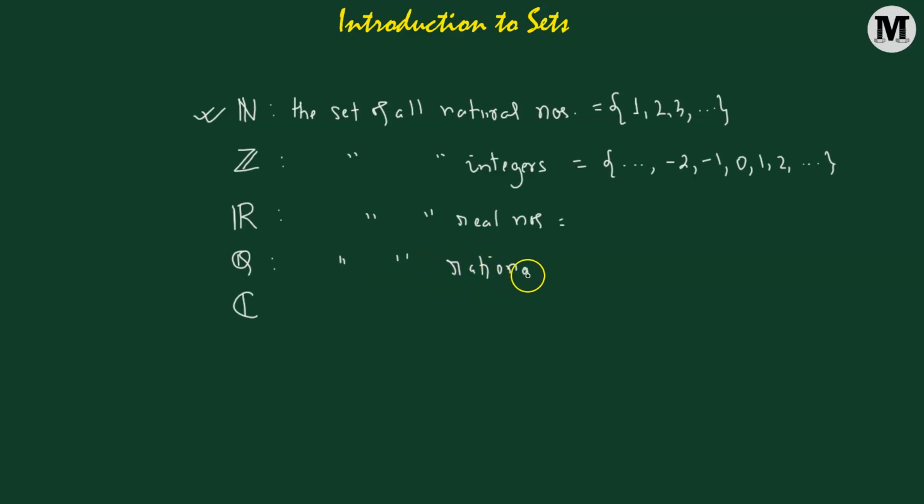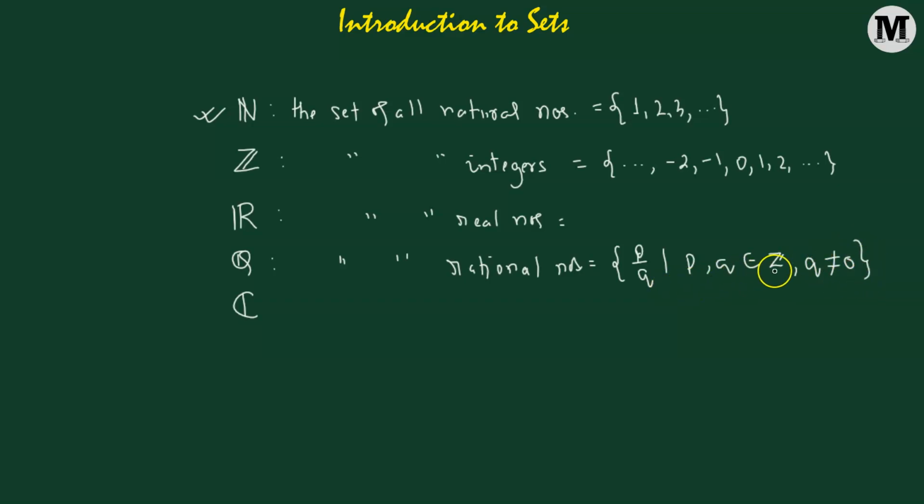Now let's try to represent the set of all rational numbers in the set builder form. So we're going to consider a set containing some elements. All these elements are going to be of the form p over q, such that p and q belong to the set of integers, with a condition that the denominator, that is q, cannot be equal to 0.